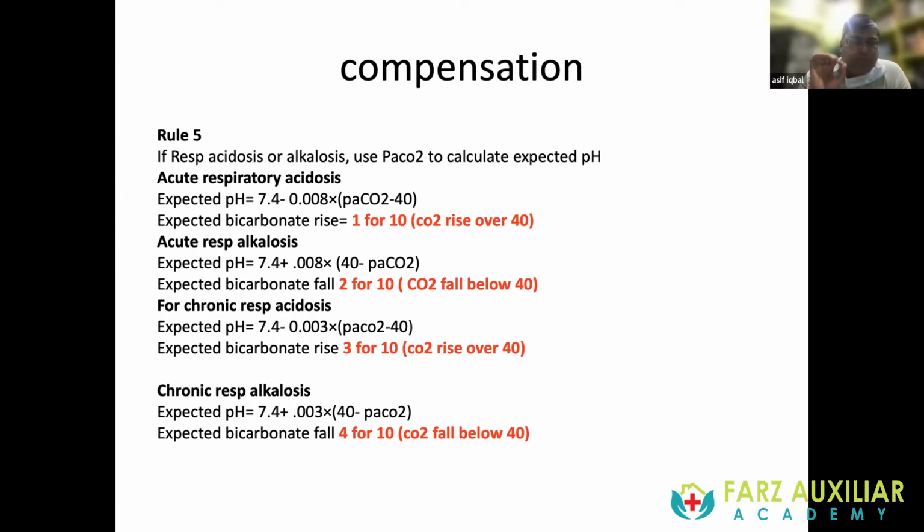To make it simple, for respiratory acidosis, acute or chronic, in acute the coefficient is 0.008, and also in acute respiratory alkalosis, 7.4 plus 0.008 is the coefficient. And in chronic cases, it will be 0.003, both in chronic acidosis or alkalosis.